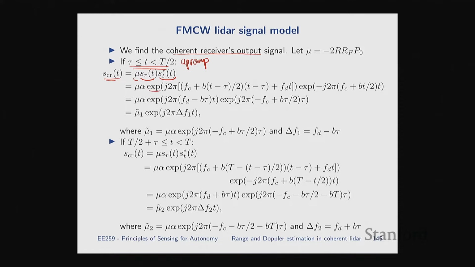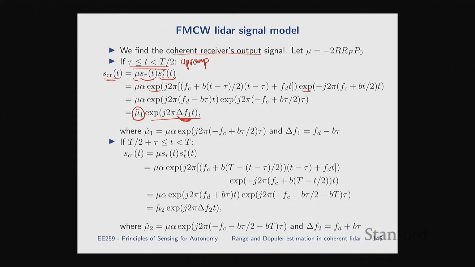There are two complex exponentials that get multiplied out for the chirps, and then a bunch of terms cancel out. At the end, once you simplify it, it becomes equal to some constant, call that mu tilde 1, times a complex exponential, e to the j 2 pi delta f1 t, as expected. Just from the visual inspection, we expected this SCR to have some frequency delta f1.